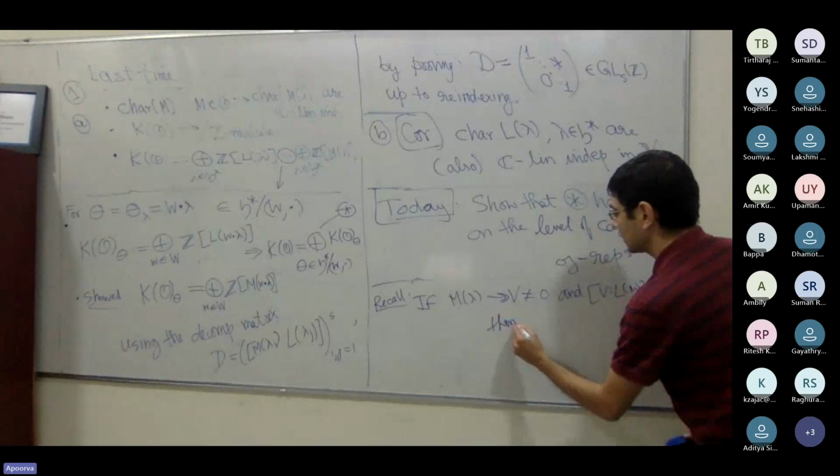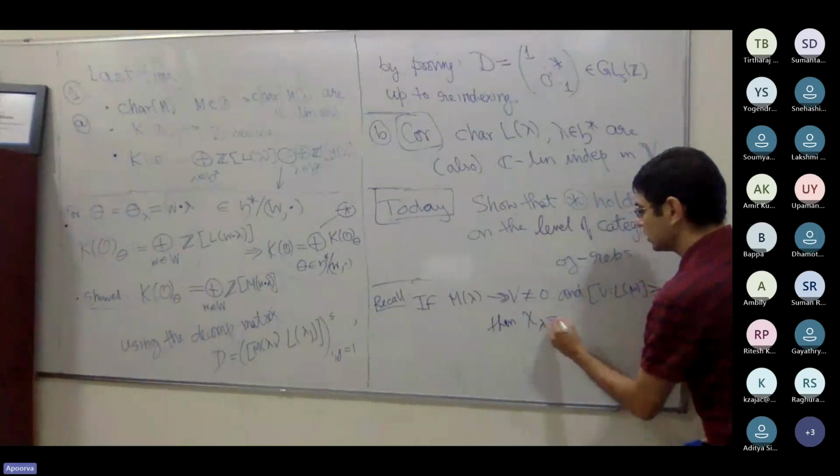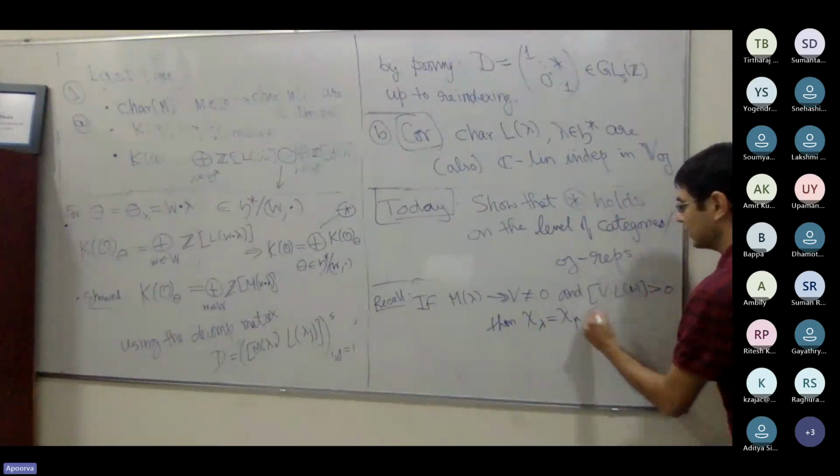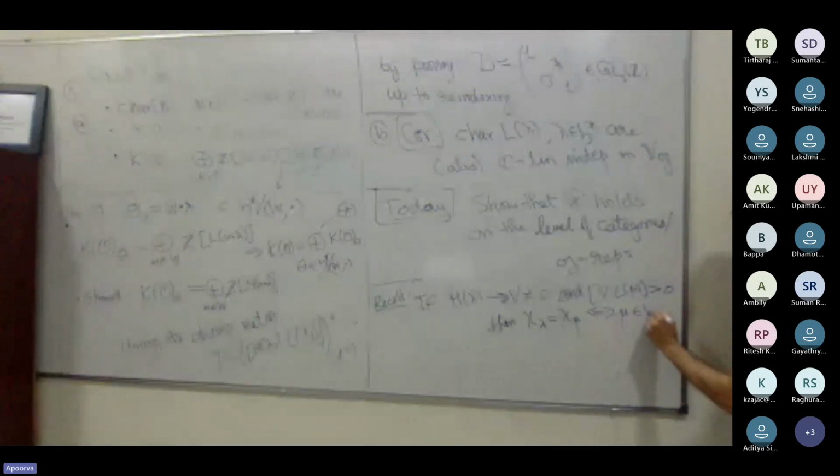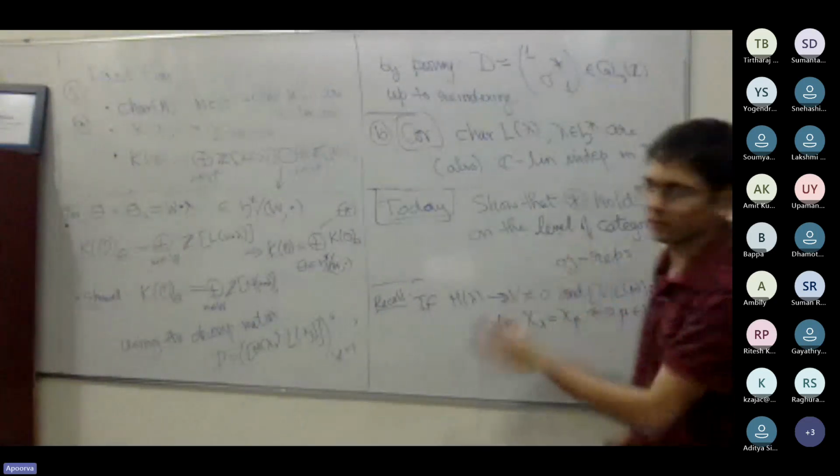Then chi lambda is equal to chi mu, which is the same as saying that mu is in the dot Weyl orbit of lambda. So this fact we remember.